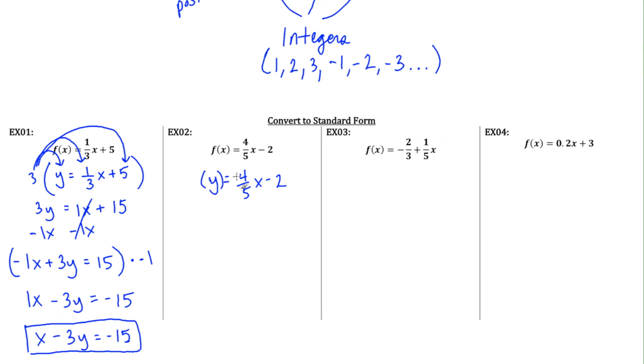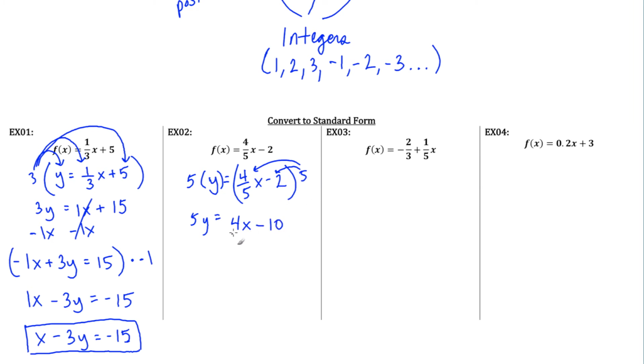I'm going to show it differently this time, because some of you prefer it like this, times 5. So 5y equals, I can't forget these, so positive times a positive is positive. 5 times 4 is 20. 20 divided by 5 is 4. Positive times a negative is a negative. 5 times 2 is 10.